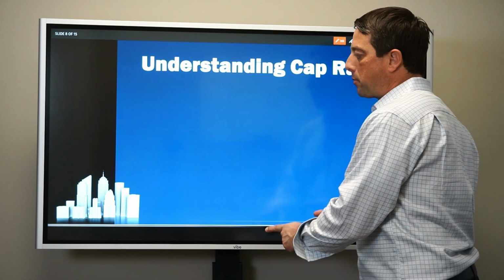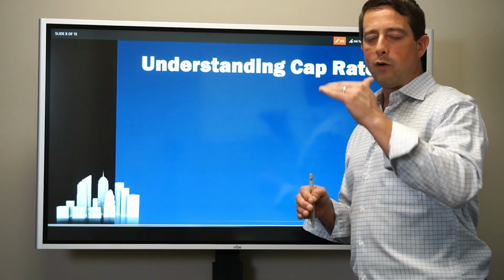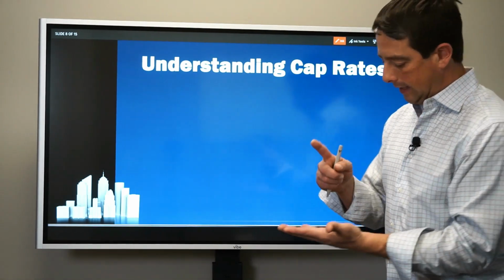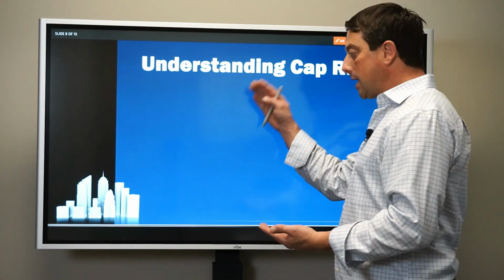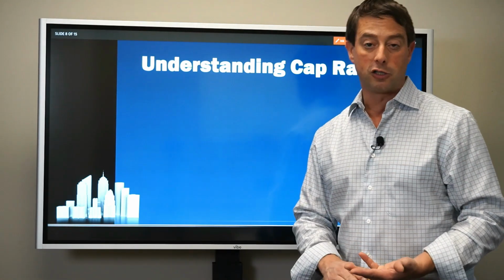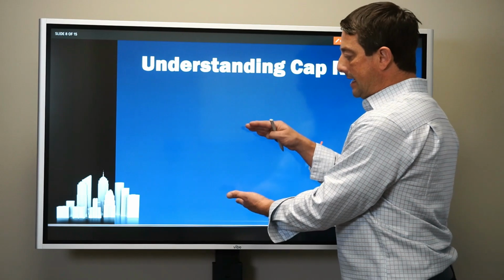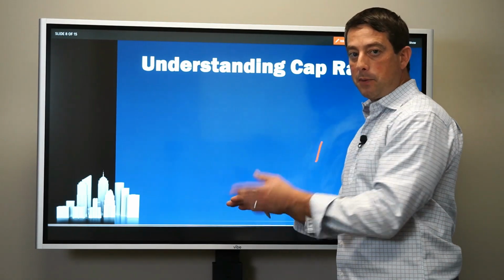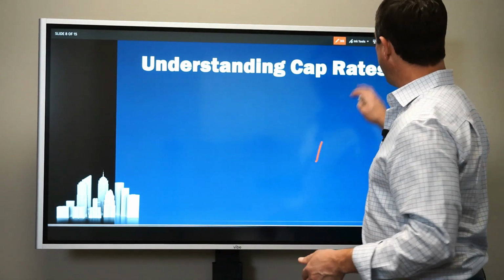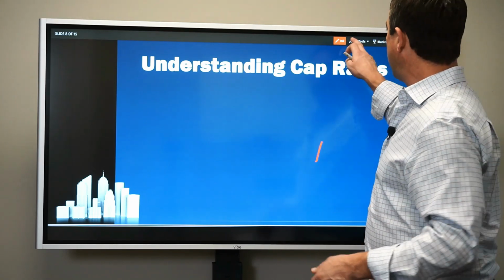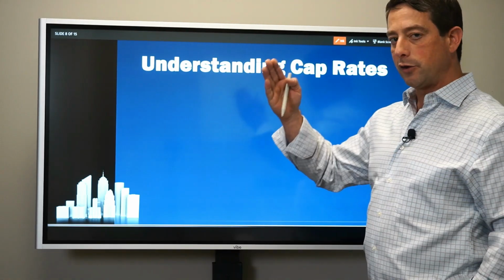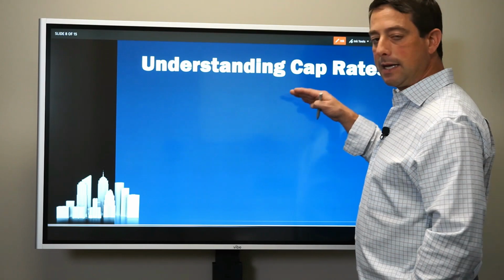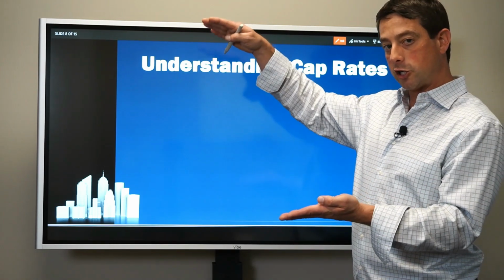What if a property has low revenue for some reason? It's a distressed asset. Maybe the occupancy is low. Maybe the rents are low. You may see a low cap rate, but that's okay, because if we increase the NOI, if we bring up our revenue, then the cap rate decompresses, it gets larger, right?